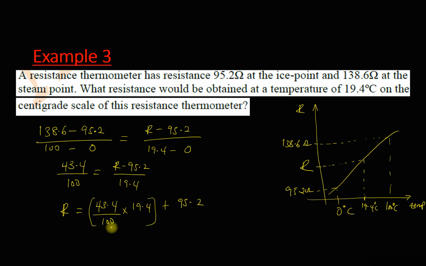So 43.4 times 19.4 divided by 100 plus 95.2. So this gives us R as 103.6 ohms. So the resistance is 103.6 ohms. Okay.